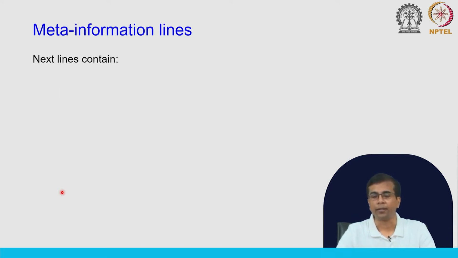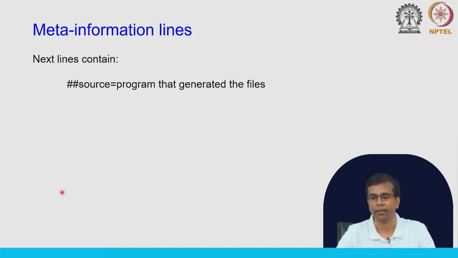The next lines will contain, first, the source, which is the program that generated the file. In this case, it should have the name of the program that we actually used. Then the next line will be reference, which is the reference genome. In this case it should be the reference genome that we used.